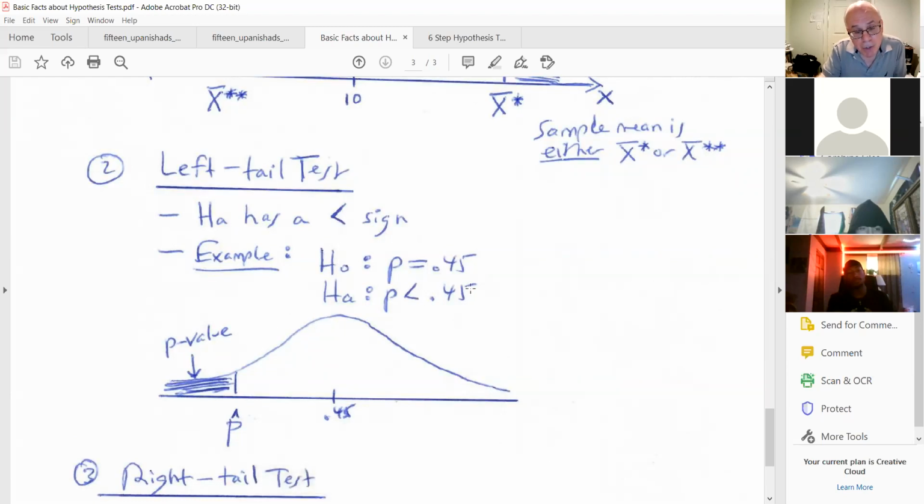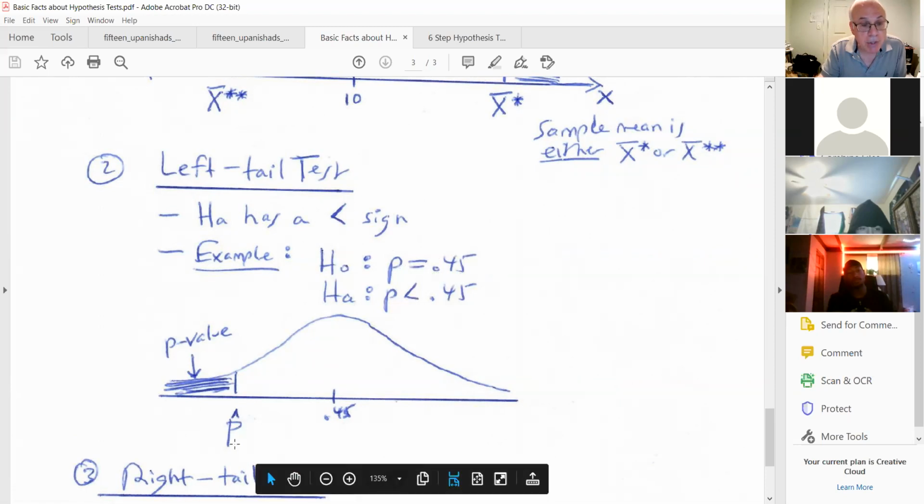So in this case, I'm going to have a hypothesis test here for looking at a population proportion. I'm saying the null hypothesis is that the population proportion is 0.45. The alternative is that it's less than 0.45. Here's the area that is less than p hat. Now, what is p hat? It's the sample proportion.